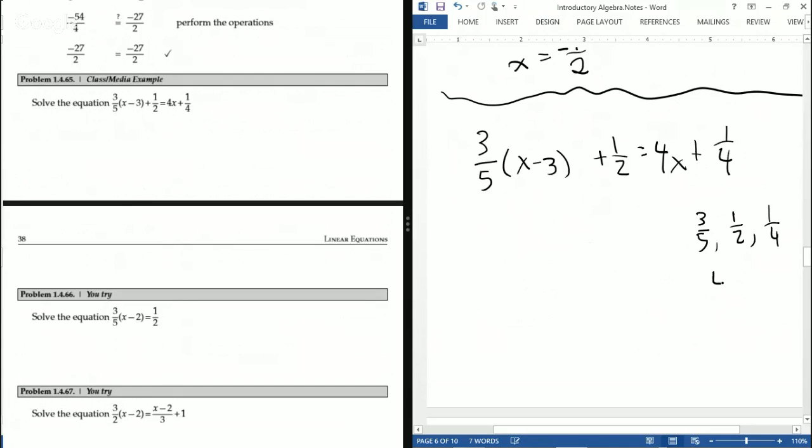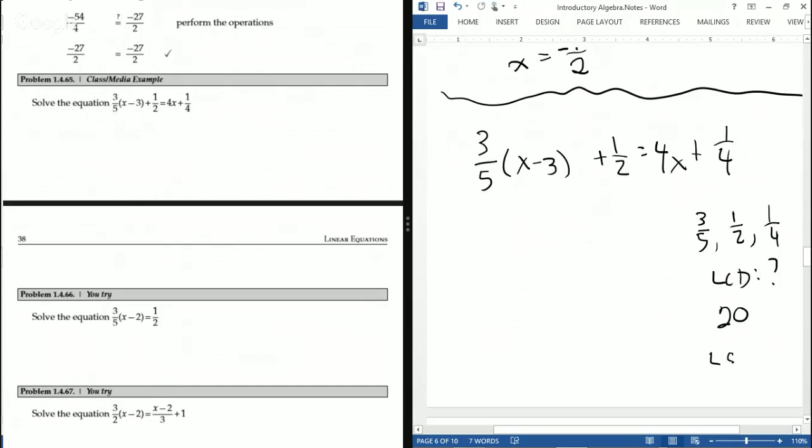What's my LCD? What would be the least common denominator between 5, 2, and 4? And you should know that it's 20, which is the least common multiple as well.